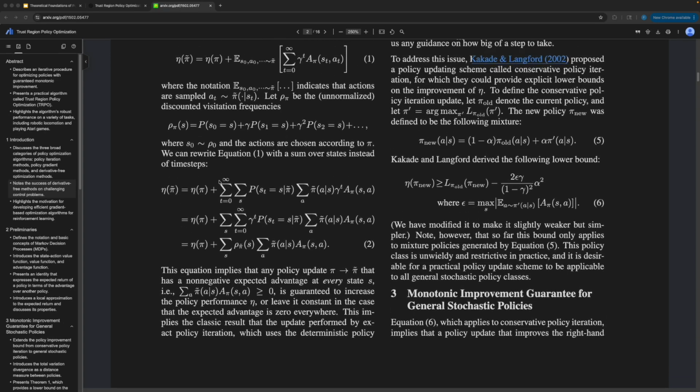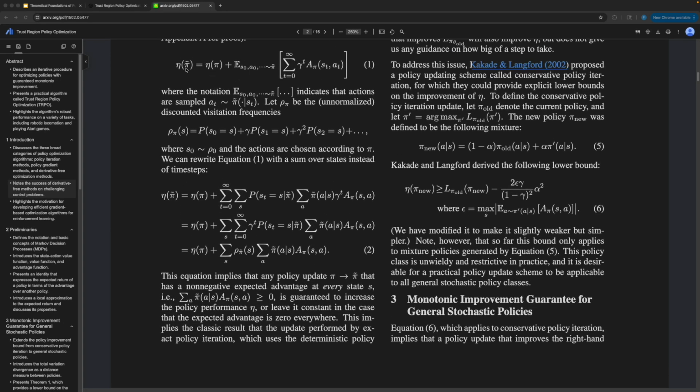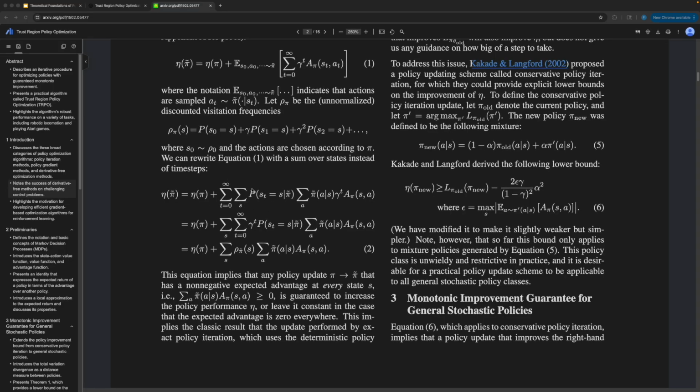So now if we look at this equation again, we were writing this expectation term where the states and actions were being sampled from your policy pi tilde. This expectation can be written in the form of a summation from time steps 0 to infinity, and a summation over all states.